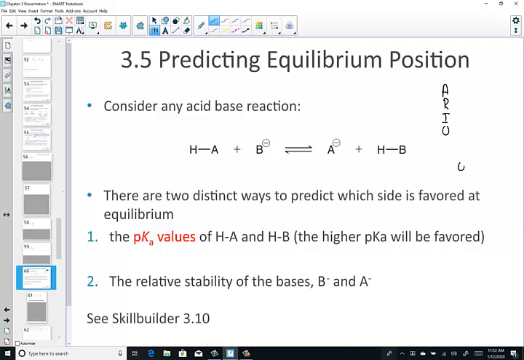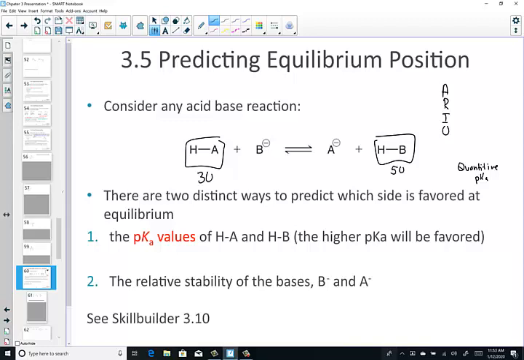In a previous section, we talked about a quantitative way to determine the equilibrium push, and that was using the pKa chart. And we said that when comparing the acids, and again, noticing that we have two acids in this acid-base equilibrium, HA or HB, whatever that might be, and we looked up the pKa values, and we said, let's suppose we had a pKa value here of approximately 30, and this one was approximately 50.